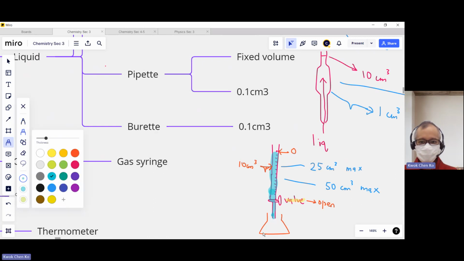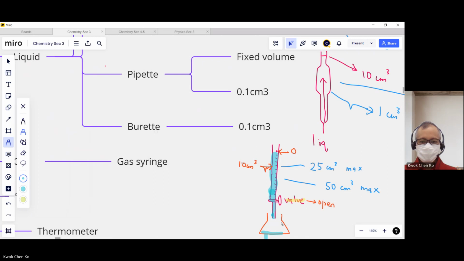And of course, your liquid will start to flow downwards into the not volumetric flask, but the conical flask. Now again, you allow your liquid to flow downwards until this 10 ml mark.